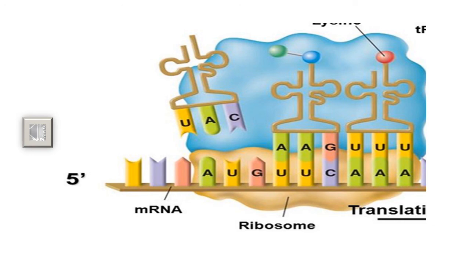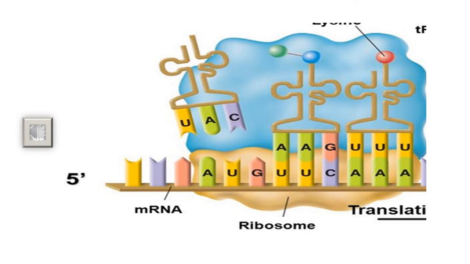One large subunit, blue, and a small subunit, brown. It attaches to the strand of mRNA. And tRNA, which carries amino acids and has an anticodon complementary to codons of mRNA, lands in the ribosome.